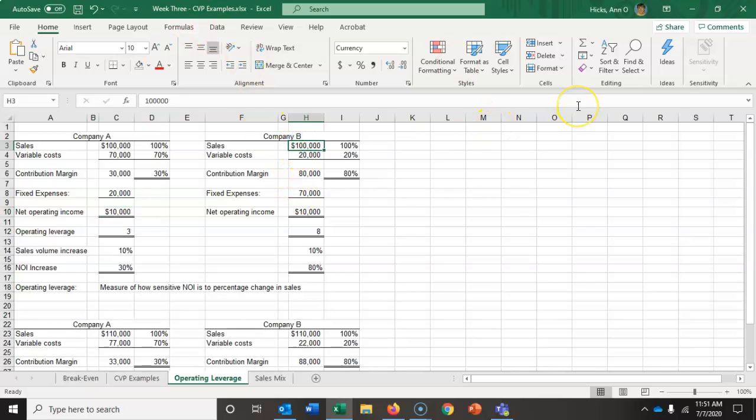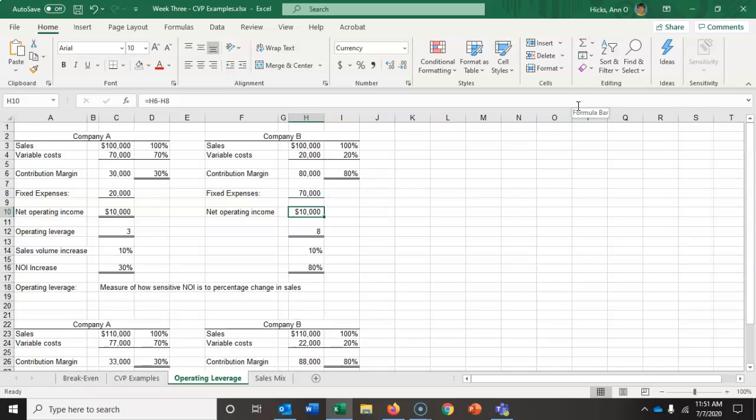Company B, on the other hand, has only $20,000 in variable costs, so they have a much higher contribution margin, but their fixed expenses are $70,000, again, leaving them with a net operating income of $10,000. So the only distinction between the two companies is their cost structure.